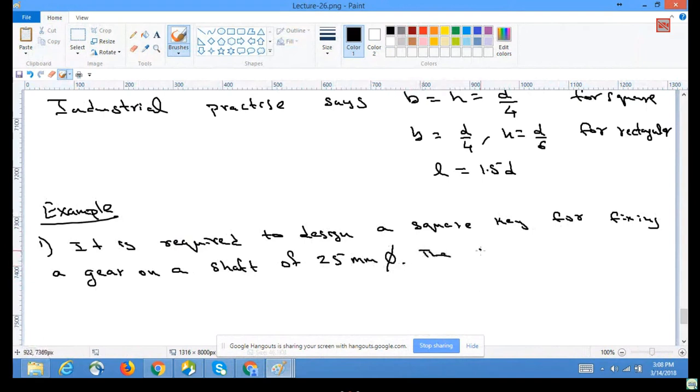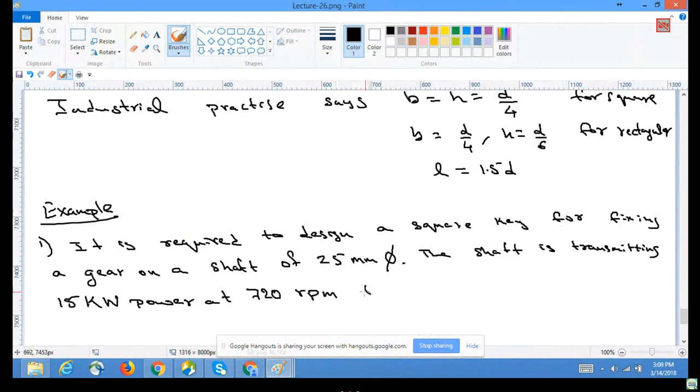The shaft is transmitting 15 kilowatt power at 720 RPM to the gear.